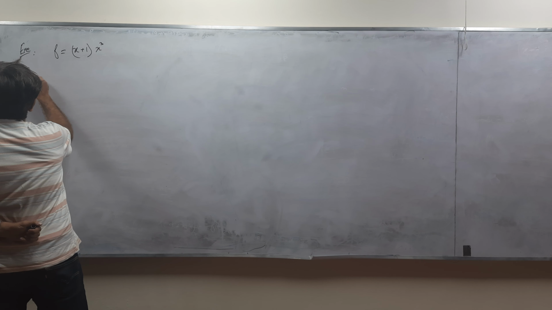Okay, got it? Now the second question was, yes, what was the second exercise? x to the power 1 by 3 sine 3x square.